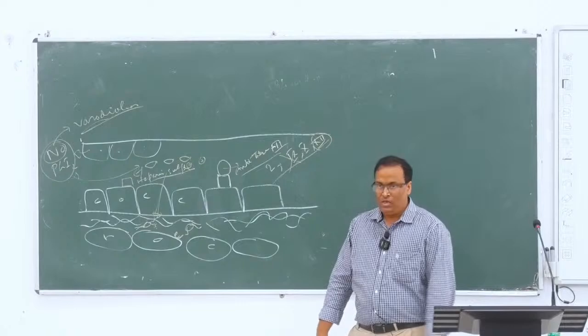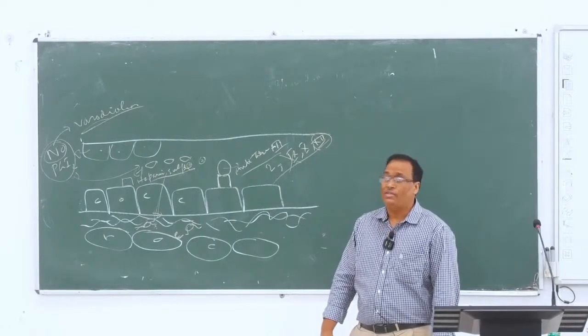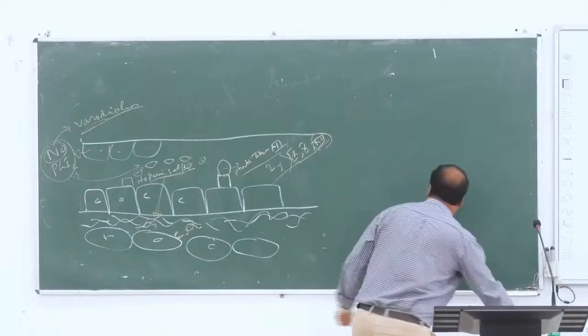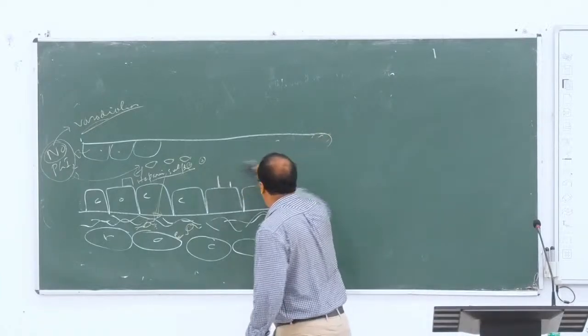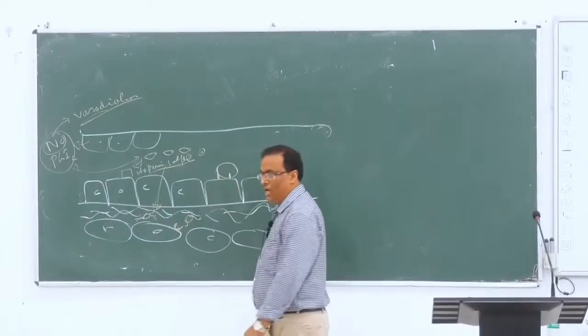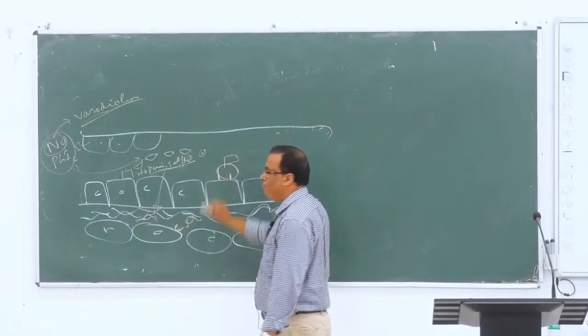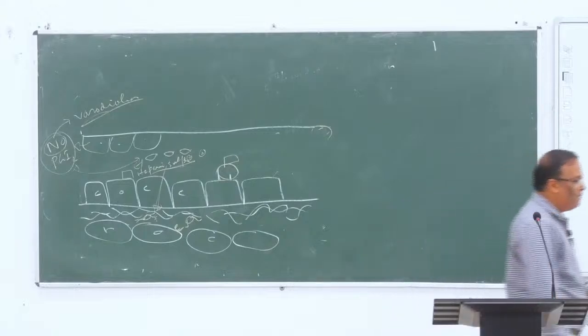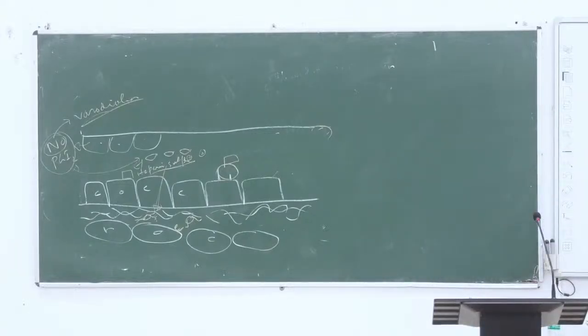Number 3, one important point, is thrombomodulin. Suppose here it is thrombomodulin, and this is thrombin. Now thrombin, you already know, means it helps coagulation, that's why thrombin. Thrombin converts fibrinogen to fibrin, helping clotting.